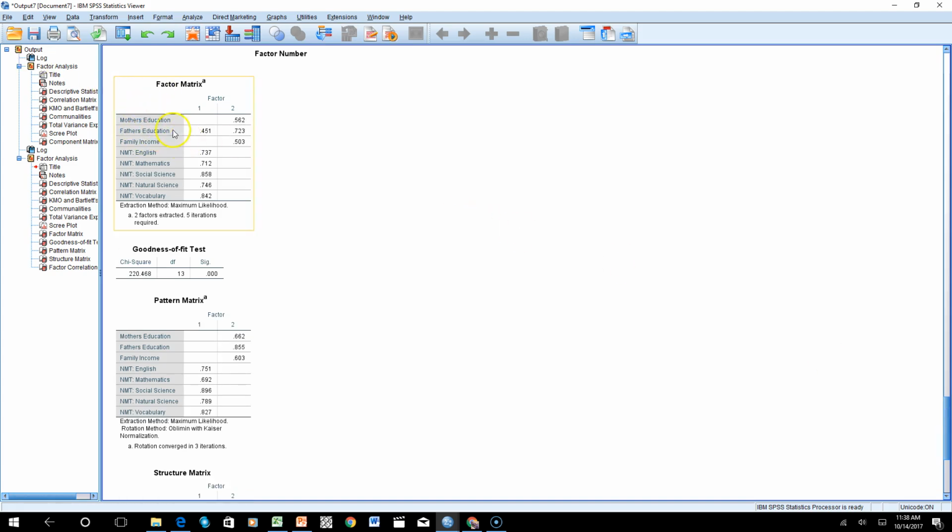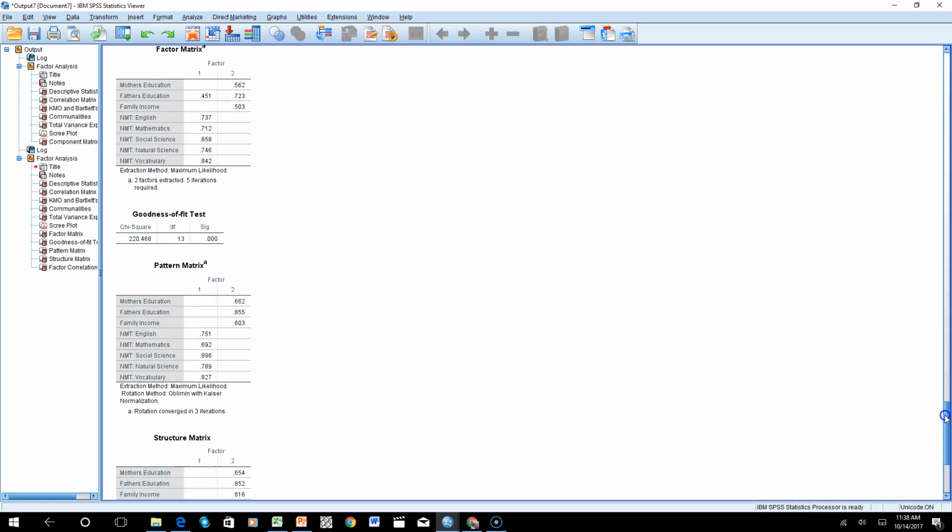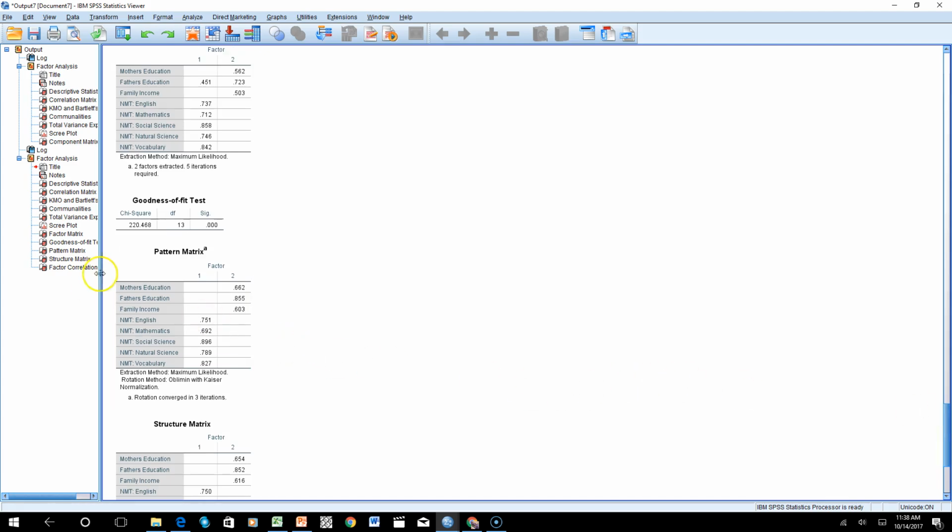In the factor, you have a split here, but you would go with the top one. And you can see right here with our rotation that they loaded nicely with the family information, education, and income, and with the national merit test in the different subject areas. That's factor 1, and the one with the family is factor 2.